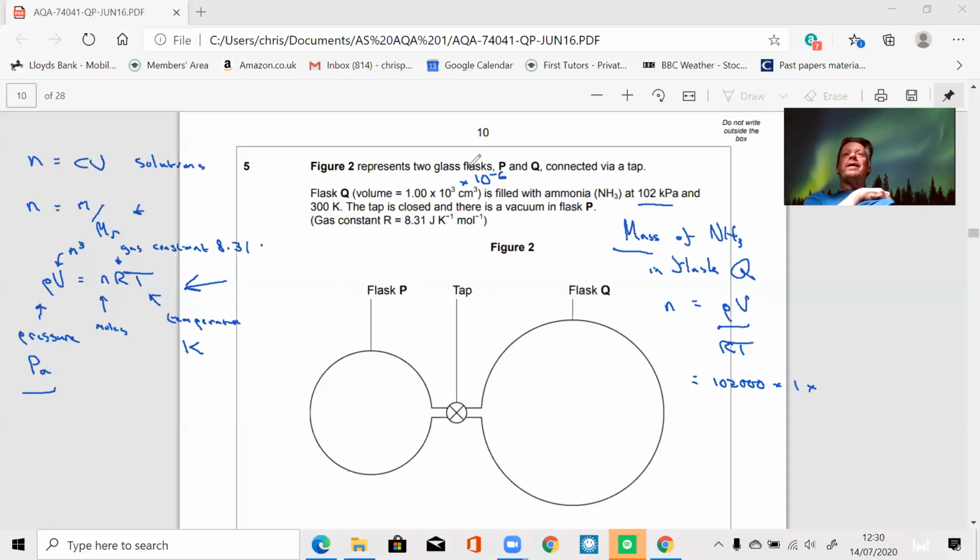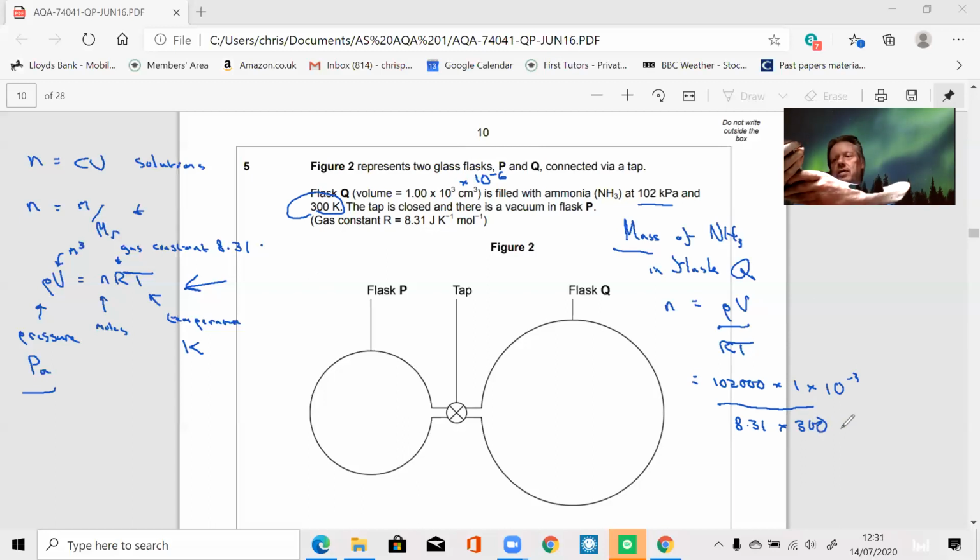When you multiply indices, you simply add the indices. So 3 plus minus 6 is minus 3. So it's now 10 to the minus 3. The gas constant is what it always is, because it's a constant, and the temperature is already in Kelvin, which is very useful.